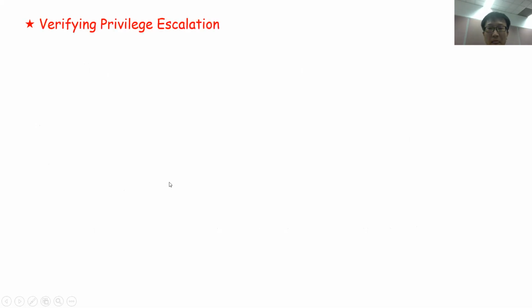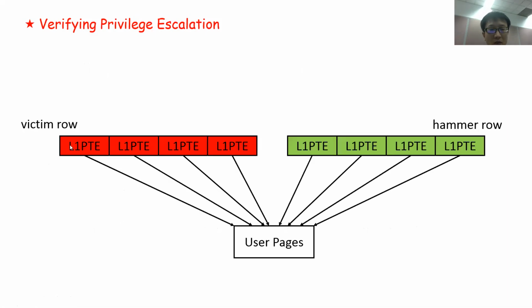After performing the double-sided hammer, we need to verify whether privilege escalation has been achieved. If not, we need to perform another round of double-sided hammer. Originally, the victim row and the hammer row are filled with level 1 PTs, and all these level 1 PTs point to the user-created pages.